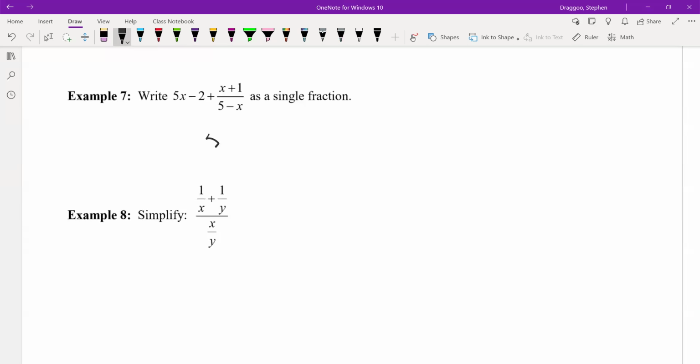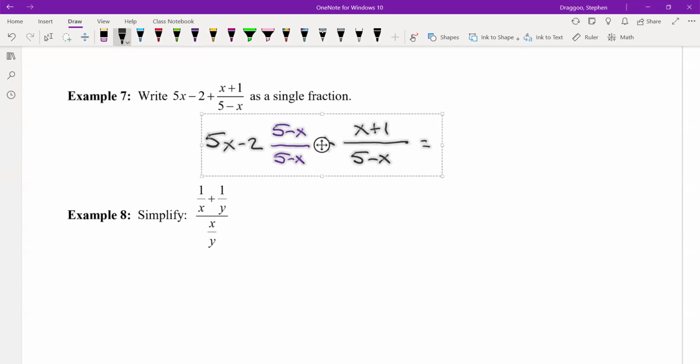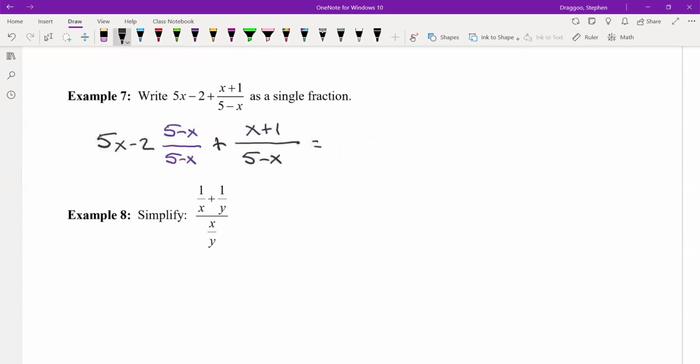I want 5x minus 2 times 5 minus x over 5 minus x plus x plus 1 over 5 minus x. And then we'll see what that's equal to.